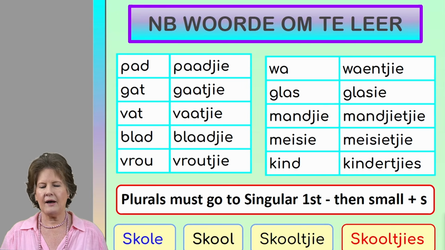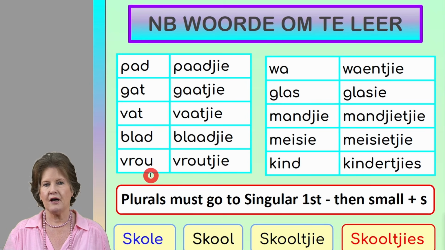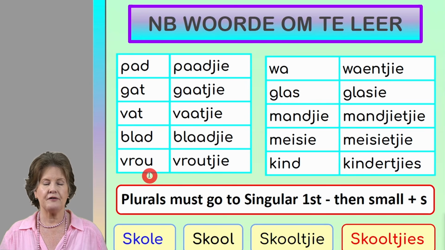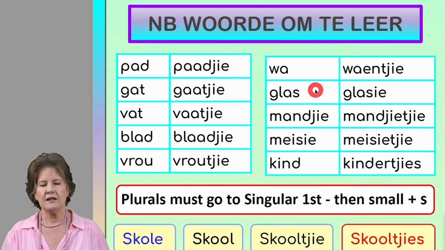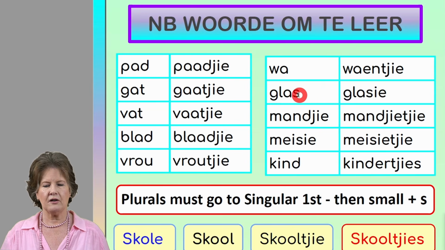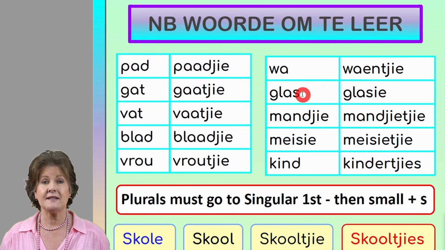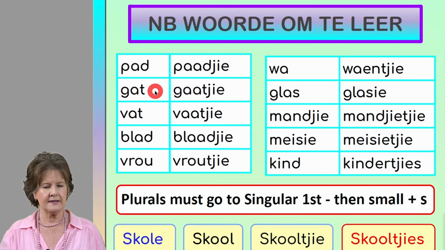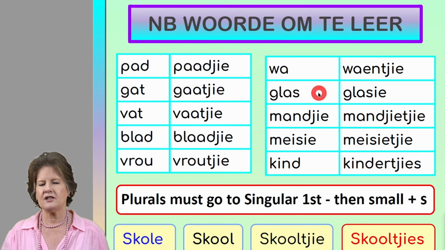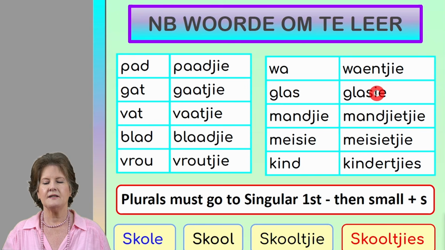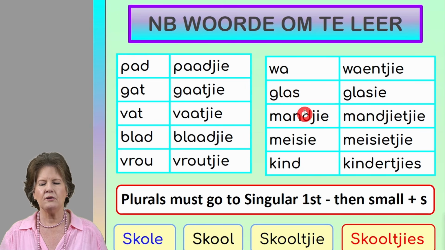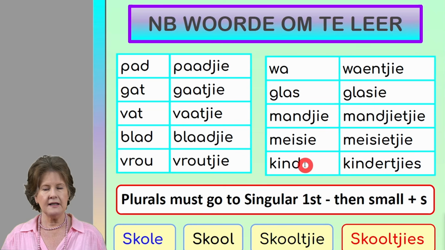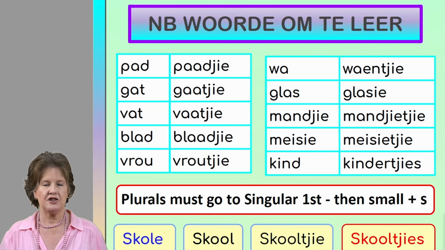And then the other ones that look at fro, there's no problem there. When there's two different vowels together, you just do your ending. And glass, remember I told you about glass. Don't touch the glass, there's a hole in it. There is a hole, there is touch, and the glass. You don't double the S. When a word looks small already, look at Mandjie and Macy, you just add a TJIE.